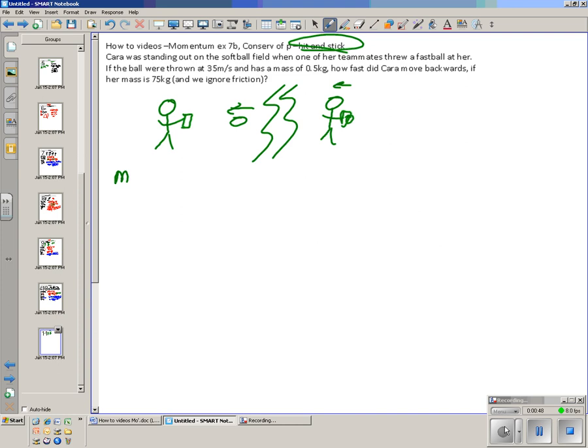So let's list out our information. Mass of Kara, 75 kilograms. Velocity of Kara initially is 0 because she's just kind of sitting there, right? Or standing, I guess. Velocity of Kara prime is unknown. And the mass of the ball is 0.5 kilograms.